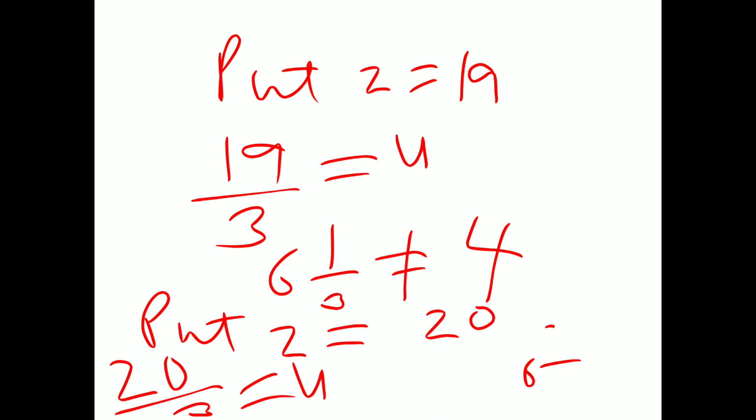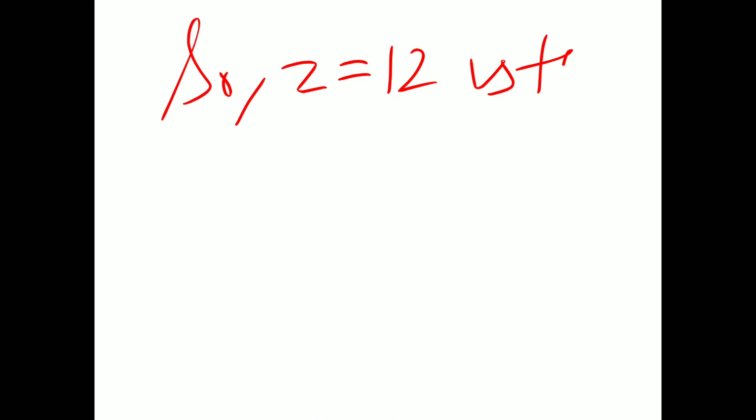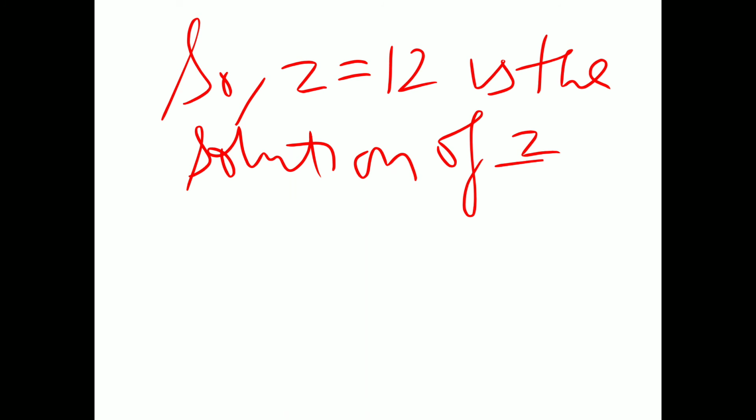Answer is 6 2 by 3, which is not equals to 4. So which one is the solution? So z is equals to 12 is the solution of z upon 3 is equals to 4. Clear? Like this manner we do C part.